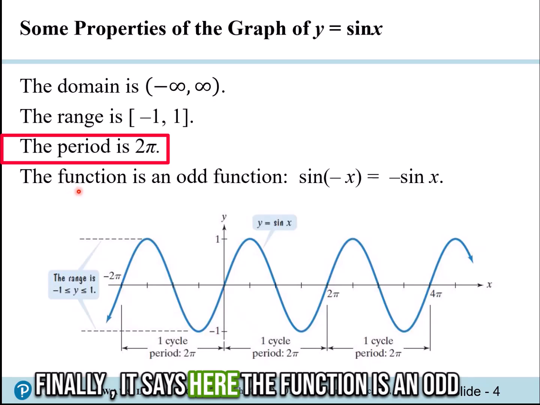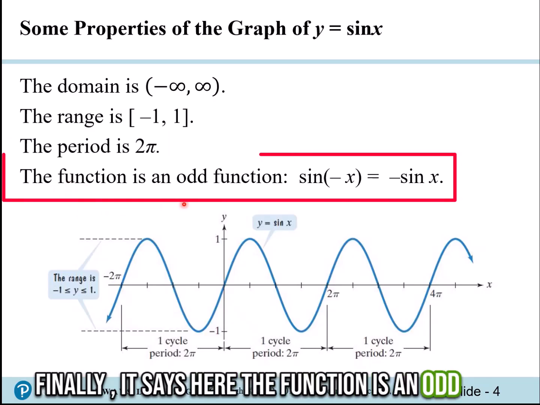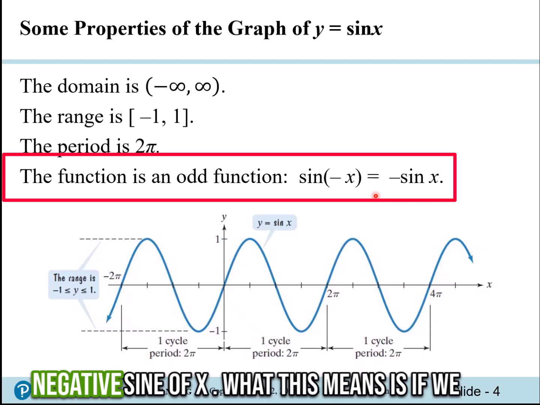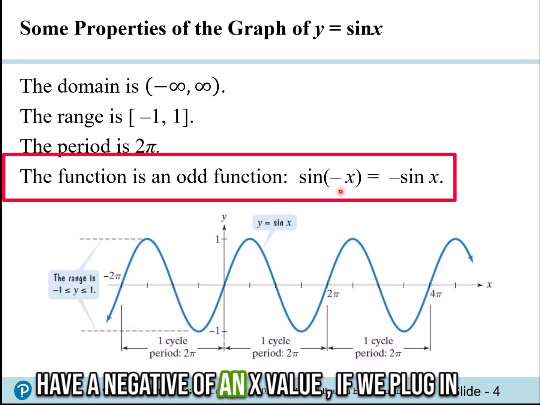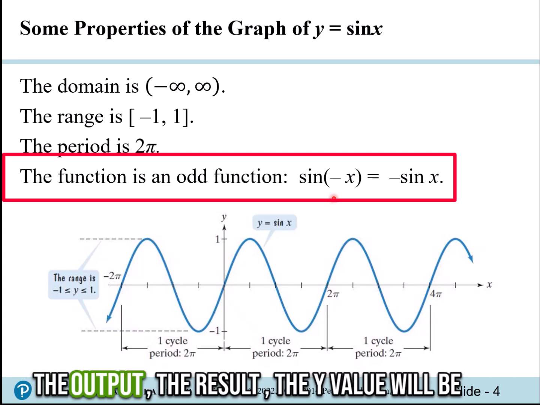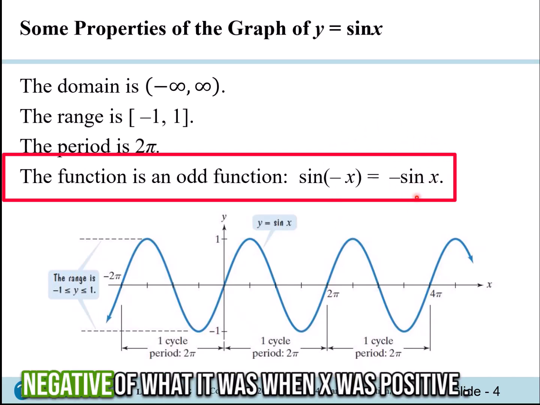Finally, it says here the function is an odd function, that is sine of negative x equals negative sine of x. What this means is if we plug in a negative of an x value into the sine function, the output, the result, the y value will be negative of what it was when x was positive.